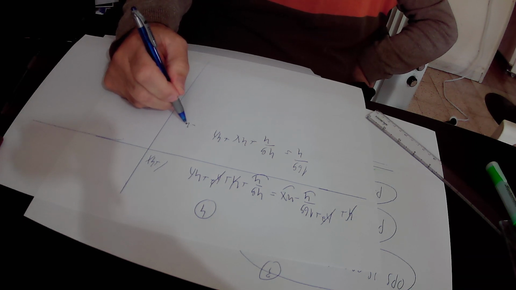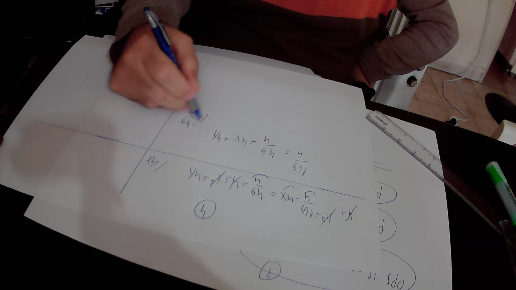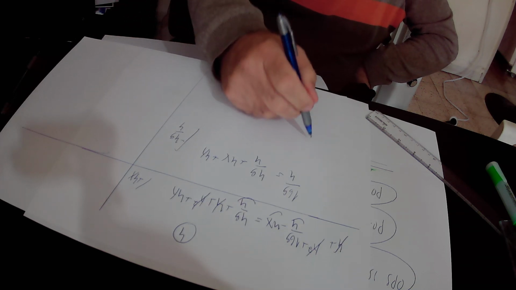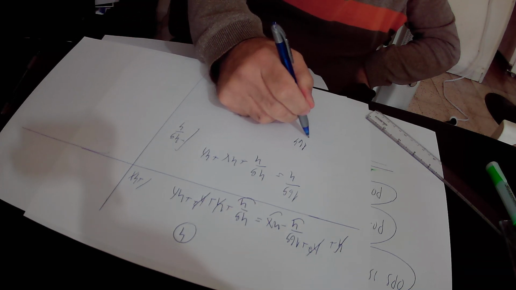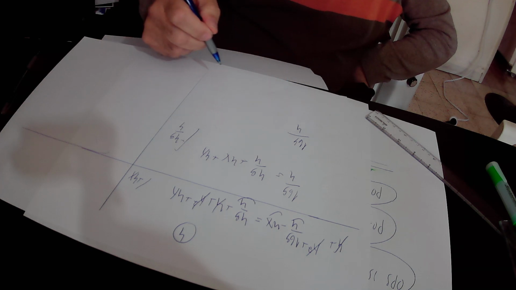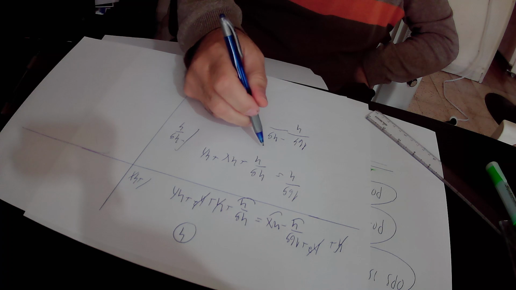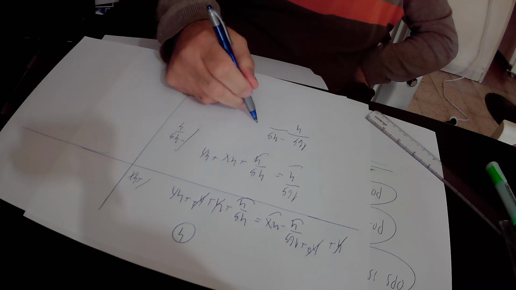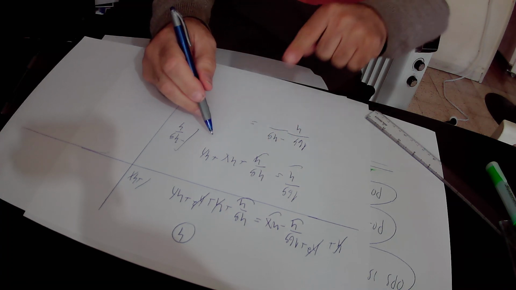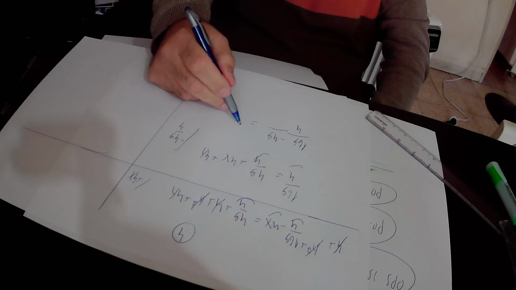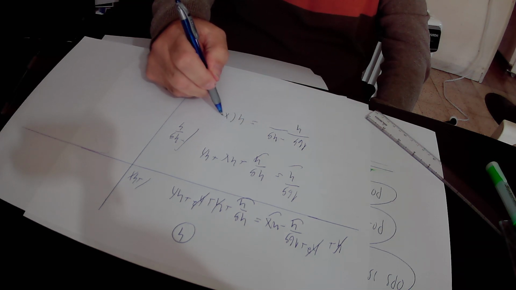We subtract 49 over 4 from this equation and we get that 169 over 4 minus 49 over 4 is equal to, here we take 4 as a common factor from these two expressions. Inside the brackets we will have x plus h.